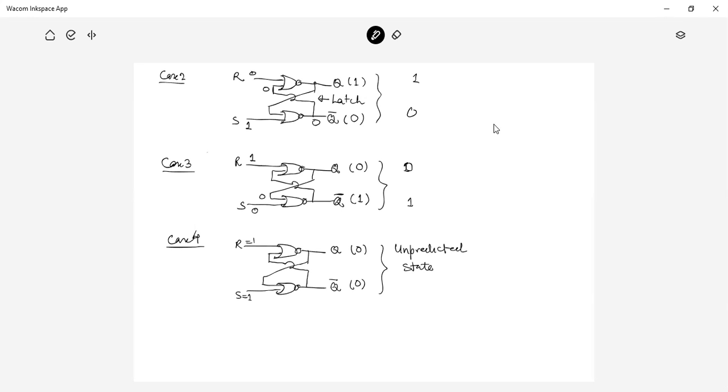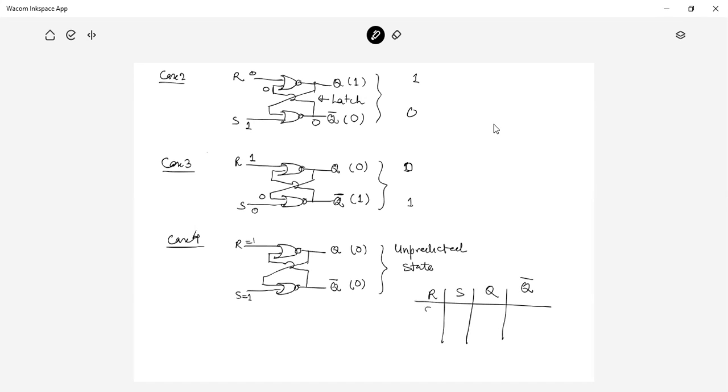So if we quickly observe the table that we can draw from this, here it is R, this is S, this is Q, and here it is Q bar.